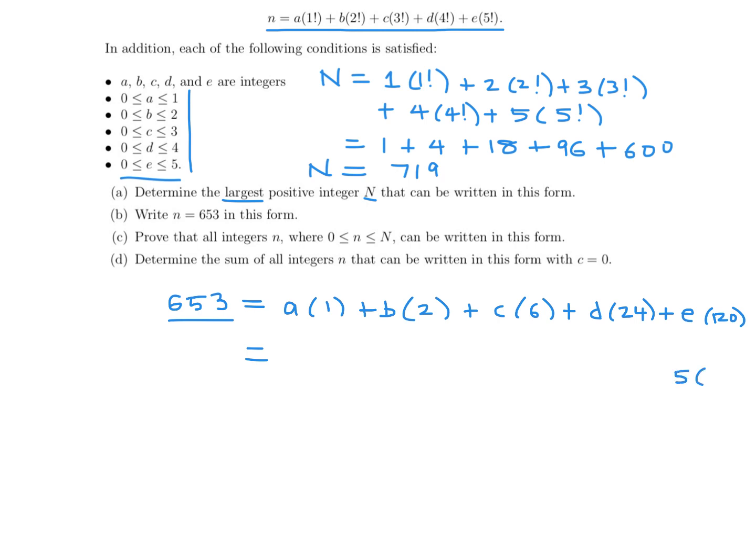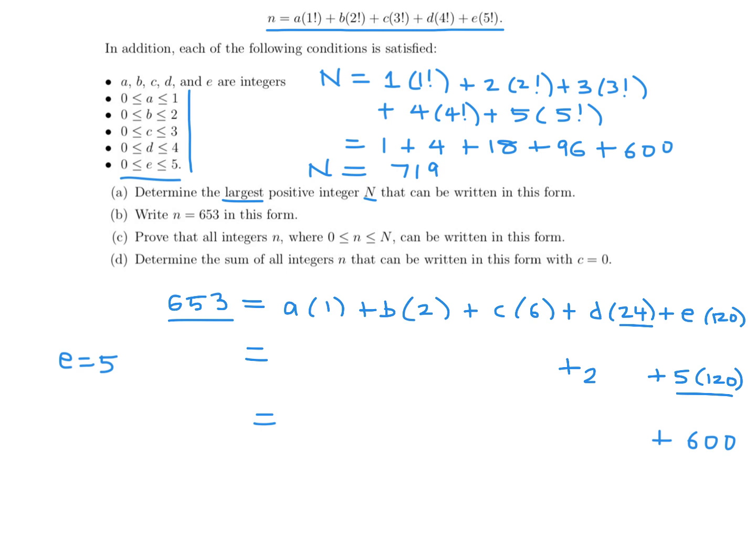Let's see what happens. So let's keep a tally here. If E is 5, then this is going to be 600, right? Yeah. So that means of the 653, I've still got 53 left that I've got to somehow create. Okay. So then D, how many times does 24 go into 53? It goes in two times.